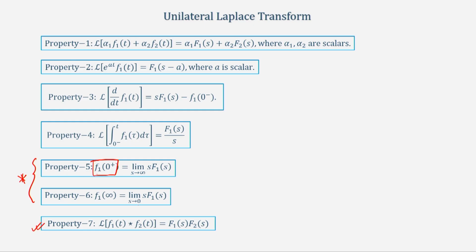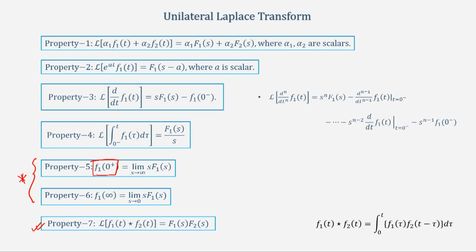And the last property, which is a very important property, you will see soon why this is important, is the Laplace transform of the convolution of two functions. Convolution is also an operation that can be done on functions, and the operation is defined in this way. Two functions are convolved with each other, which means it is the integration of f1(tau) and f2(t minus tau) d tau.